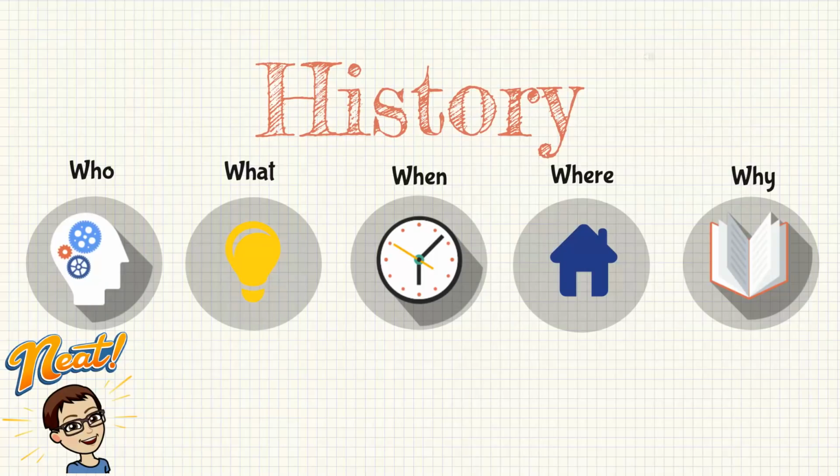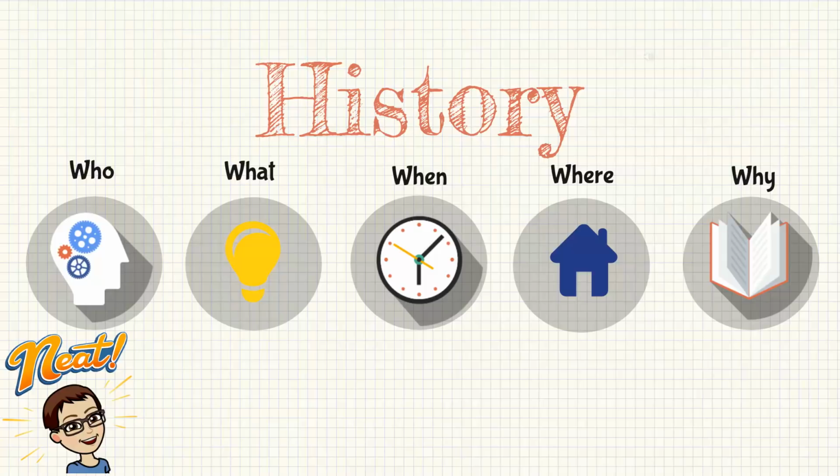You can actually adapt the strategy that we just learned just slightly in order to make it work really well for history topics. Instead of thinking about broad keywords like we did before, for history topics we can actually brainstorm into the following 5 categories: who, what, when, where, and why.